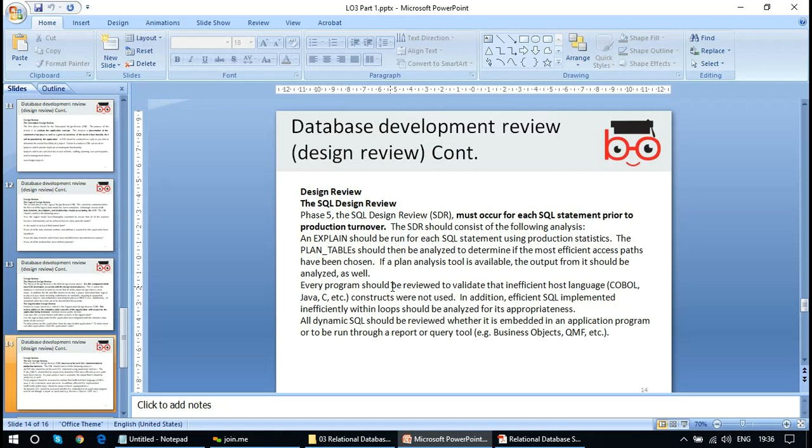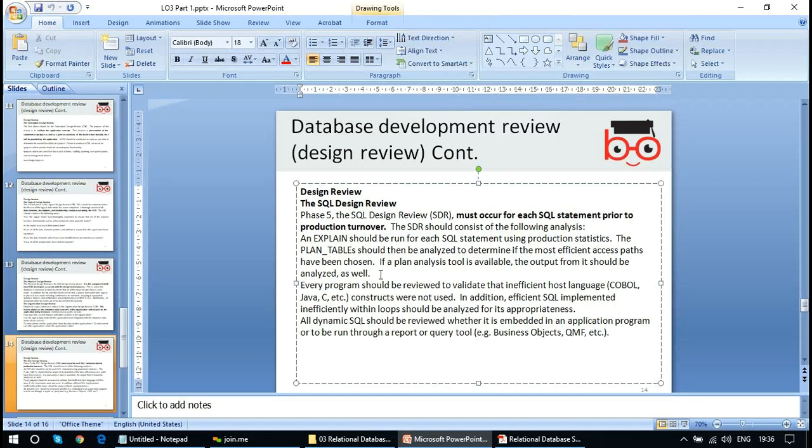Basically, you created an SQL, then its design can itself be reviewed using the SQL tools. Like an explain is a command which would give you the statistics. The plan table should give you the most efficient access paths. Then every aspect of the database can be reviewed using its tools.